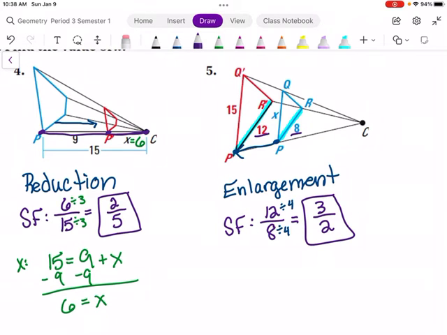And then once you have that scale factor, we need to figure out what x equals. So now the scale factor tells us what we are going to multiply our pre-image by.